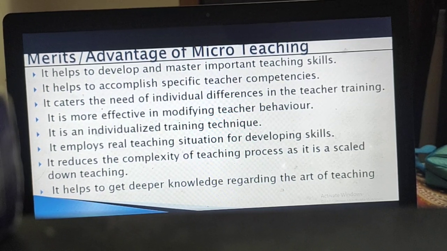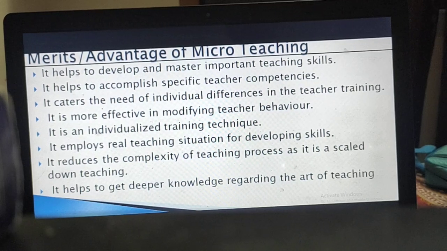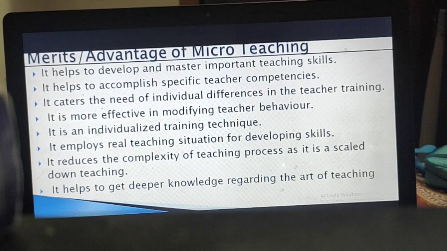It reduces the complexity of the teaching process and is a scaled down teaching. When a teacher faces any complexity in a real classroom situation, the teacher scales down his teaching and solves the complexity very smoothly, in a very effective way.